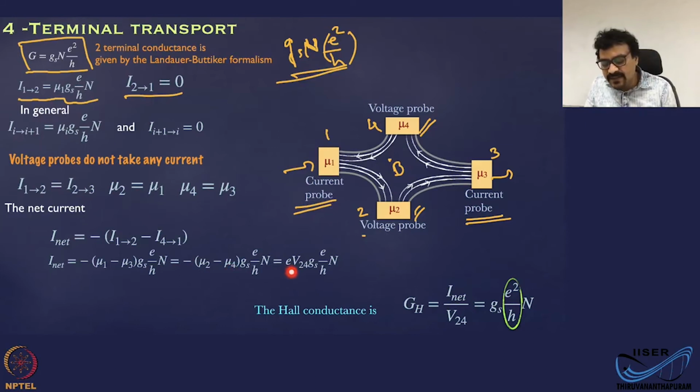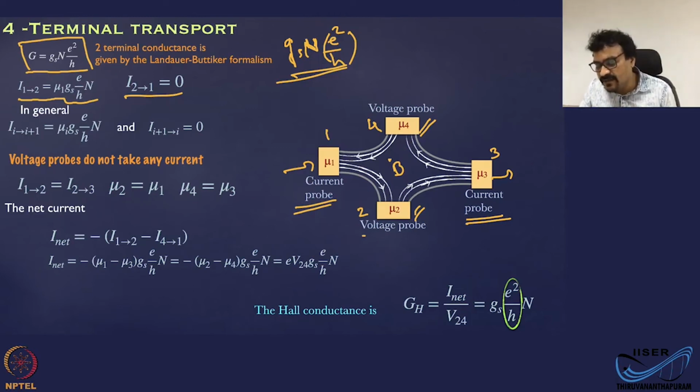Then you will get e V24 into Gs e by h into N. That is your net current. So the Hall conductance is the net current divided by V24, where V24 is the Hall voltage, this transverse voltage.